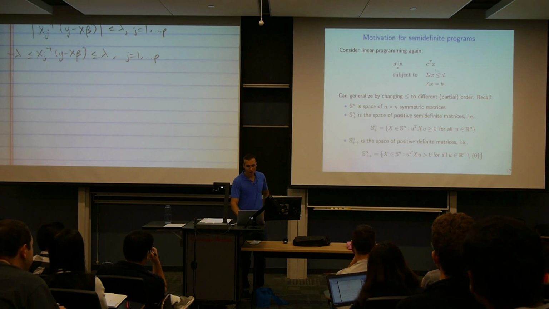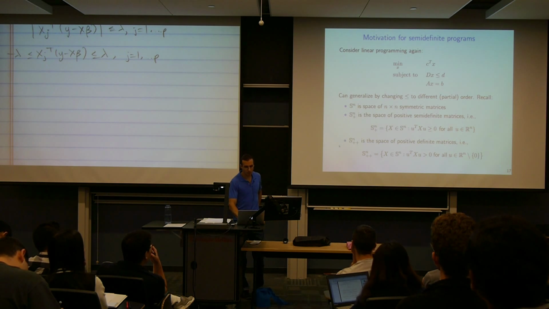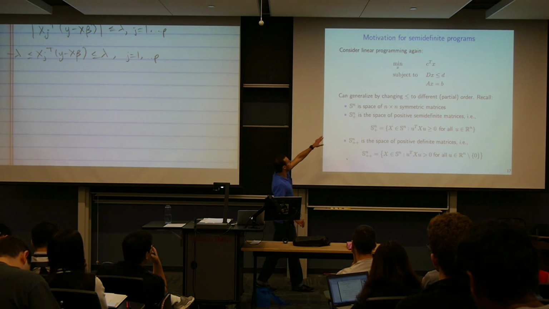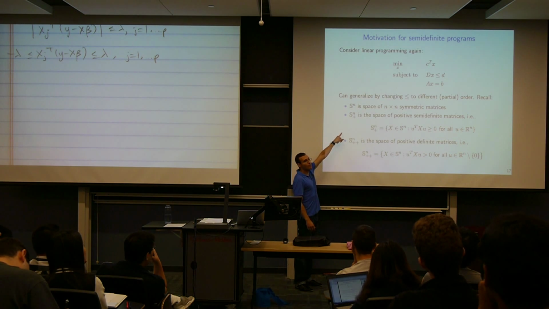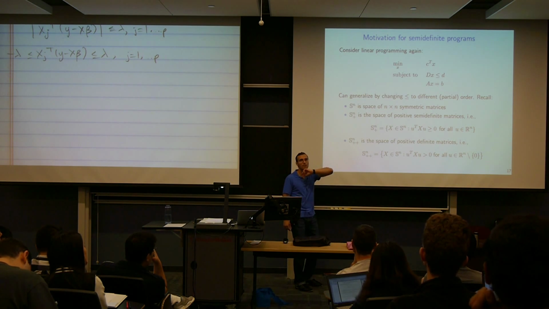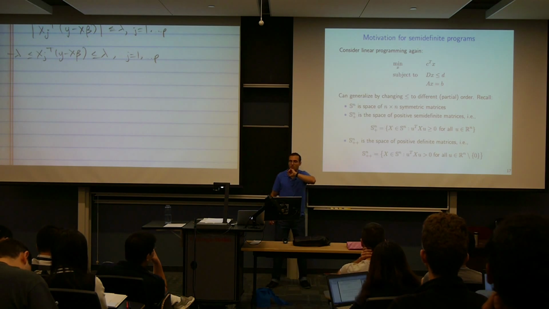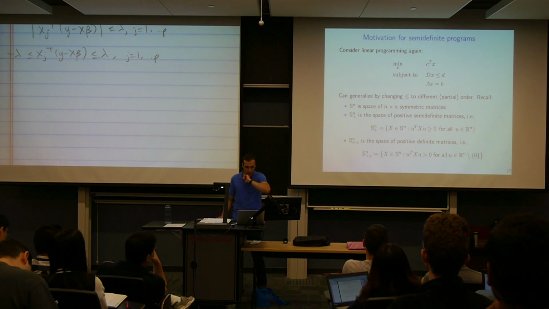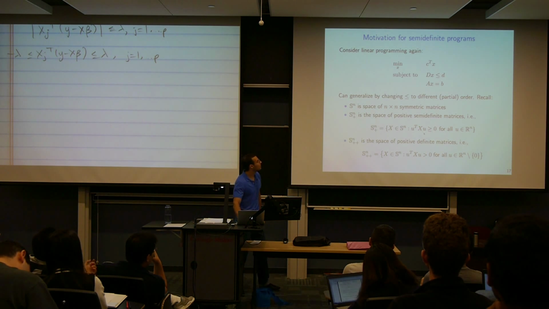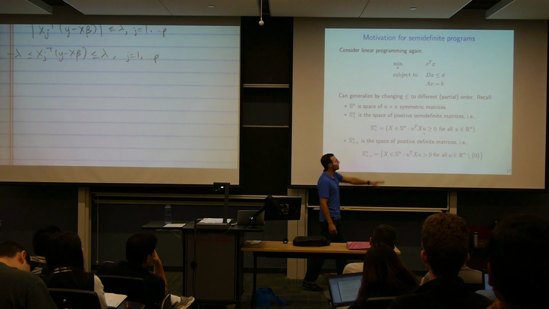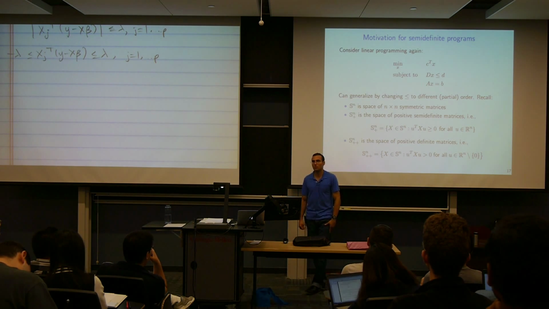Just a bit of a recap of some of the notation that we've seen. Sn is the space of symmetric n by n matrices. If I write a plus subscript, then that denotes the set of positive semi-definite matrices. These are symmetric n by n matrices that have all their eigenvalues bigger than or equal to 0, or equivalently, u transpose x u is always non-negative, no matter what I put there for u.